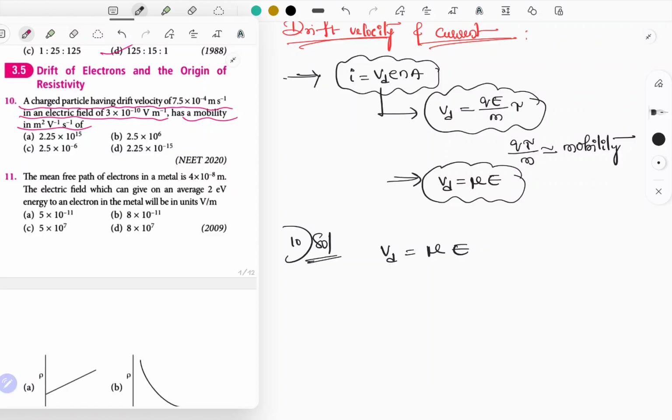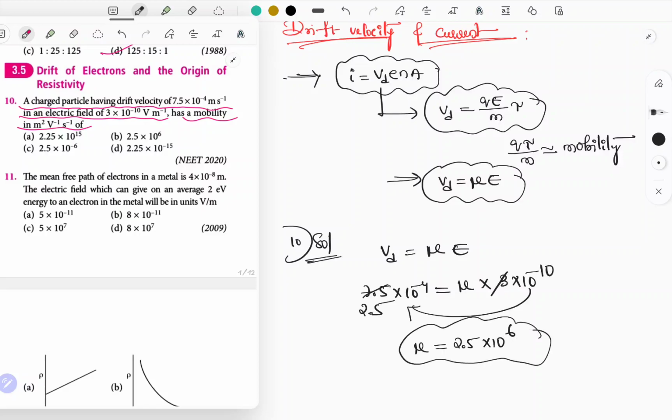Drift velocity is 7.5 into 10 power minus 4 meter per second. Mobility is what we have to find out. Electric field is 3 into 10 power minus 10. So 2.5, sending this 10 power minus 10 to the left side, it becomes 10 power plus 6. Then mu is equal to 2.5 into 10 power 6. So this is the mobility.